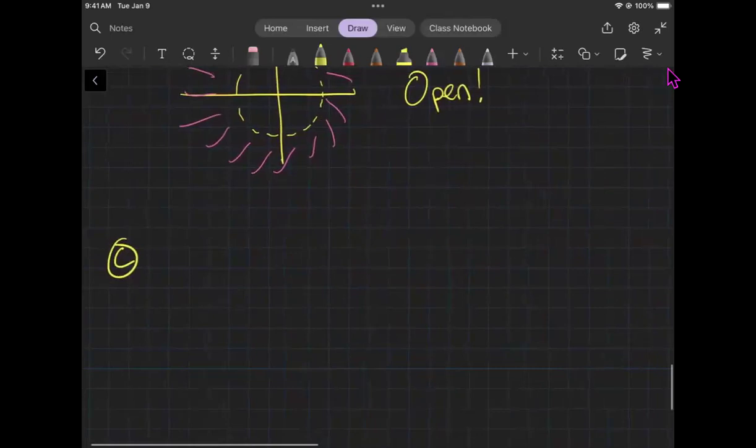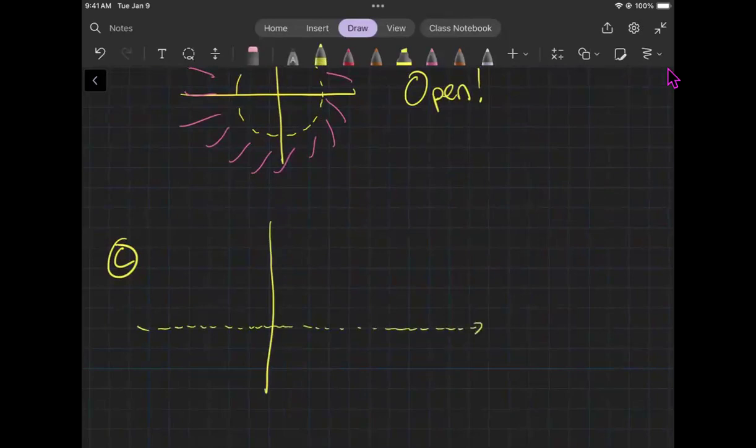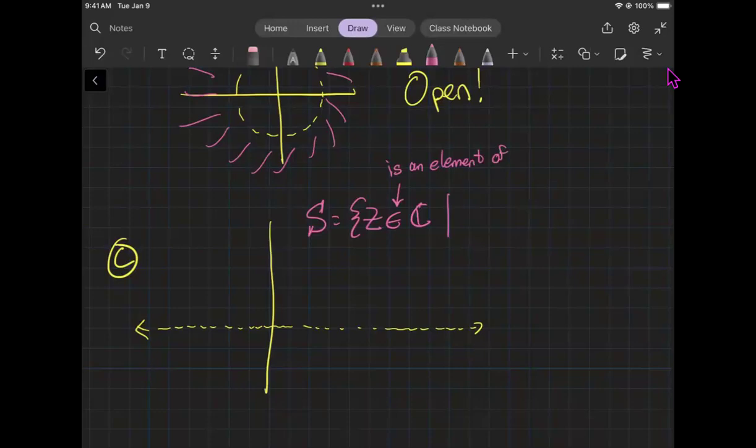Okay. This one is an example of an open set. Actually, this here is an example of an open set. Oh, this epsilon means is an element of, such that the imaginary component of Z is negative.